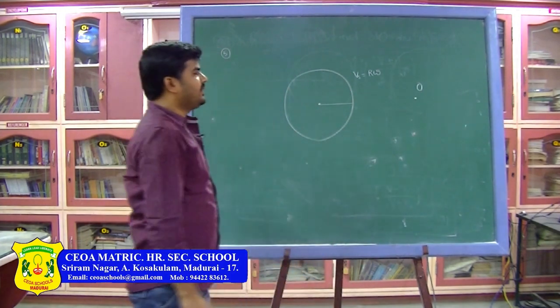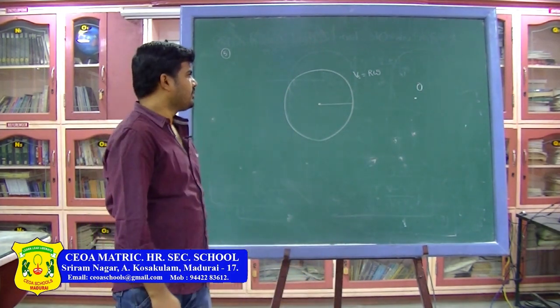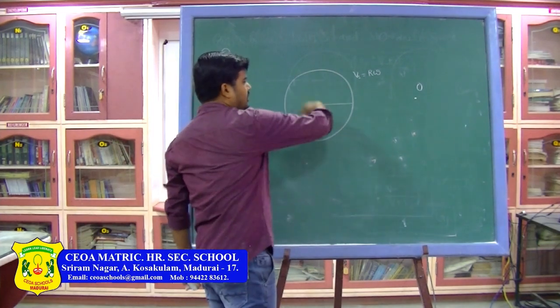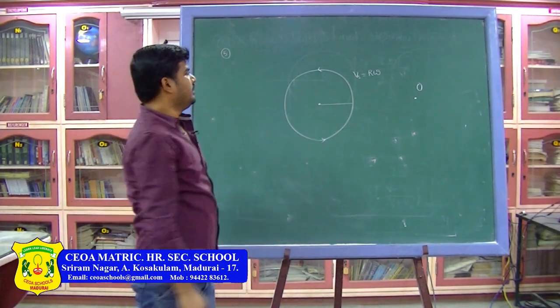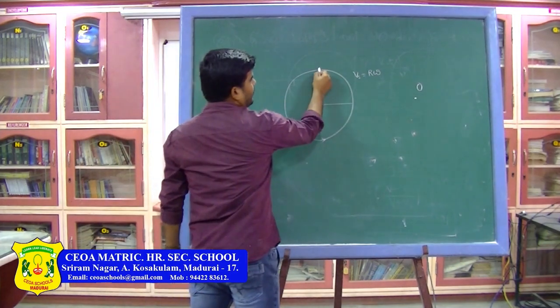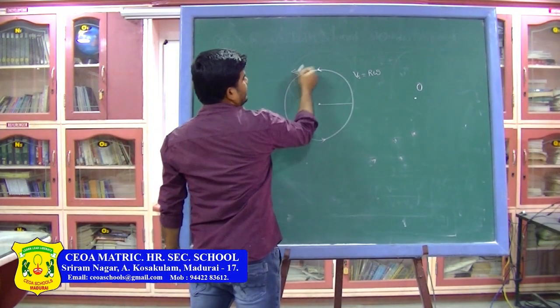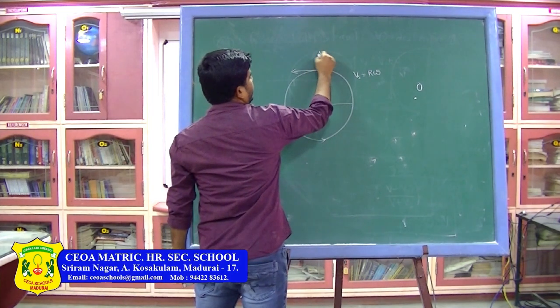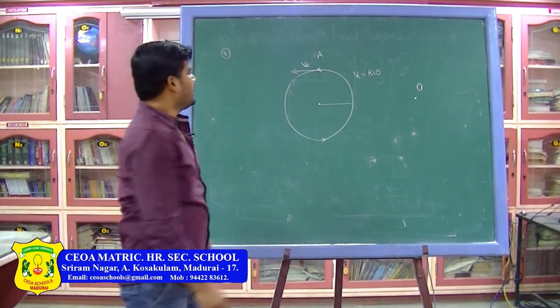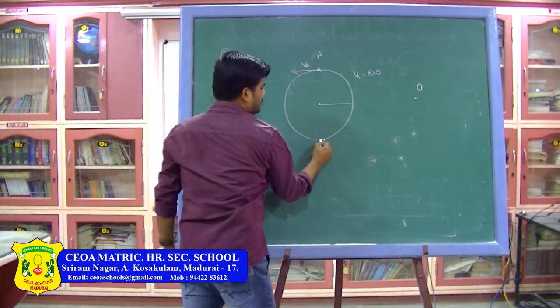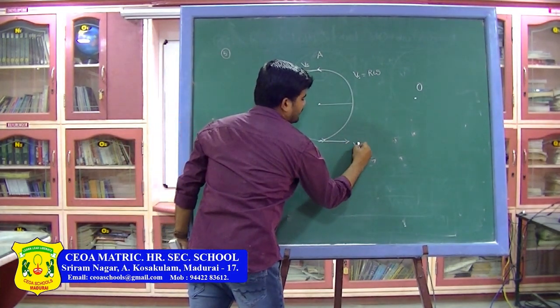Now, let us find out the maximum and minimum frequency values as the source is revolving in the circular path. When the source is at this point, let this be point A, it is moving away from the observer, and when the source comes to this point, B, it is moving towards the observer.